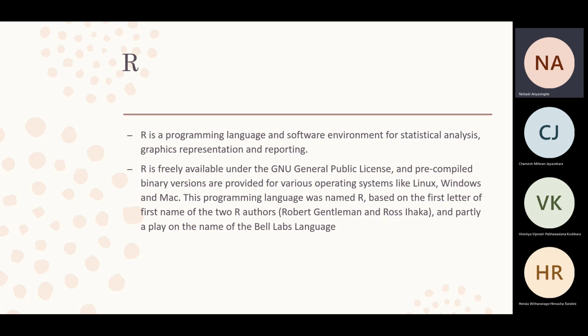These people have created this programming language, and it was created in Bell Labs. Most of the programming languages and software related stuff have been created and researched in Bell Labs. So that is a very brief introduction about R.